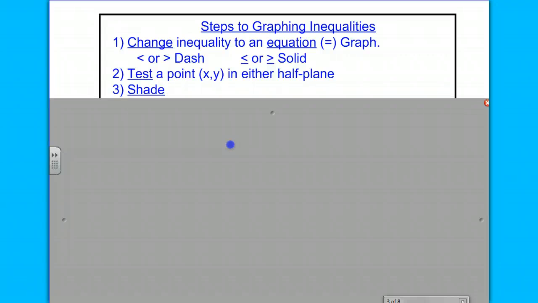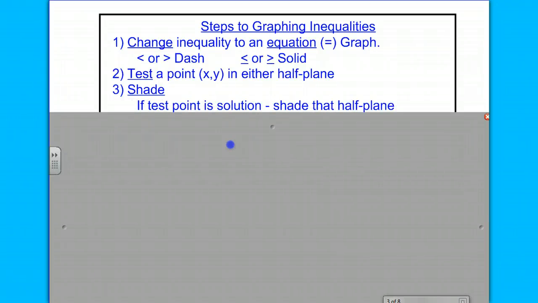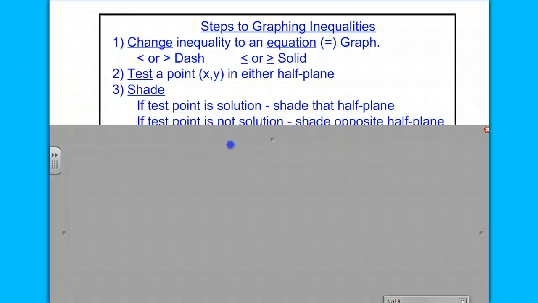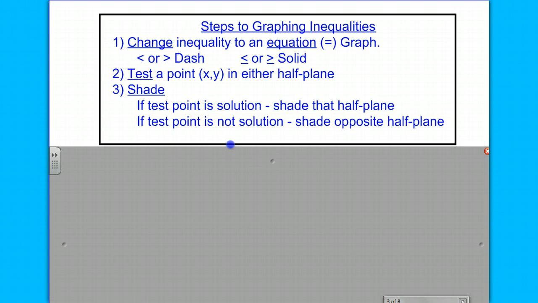Let's put a little note that if the test point is a solution, it works, it's true, then we shade that half plane. But if the test point is not true, is not a solution, then we have to shade the opposite half plane. And this will take some practice.